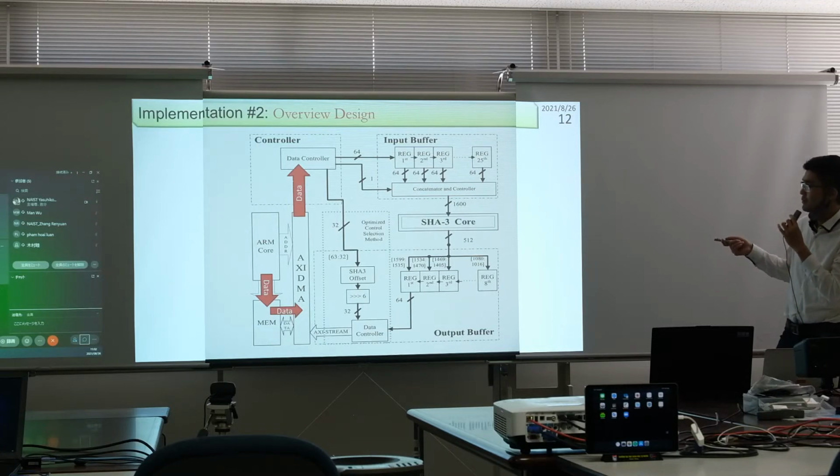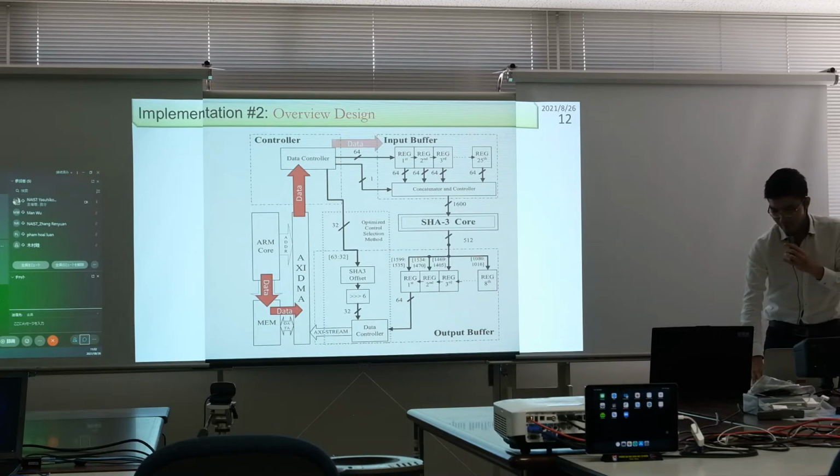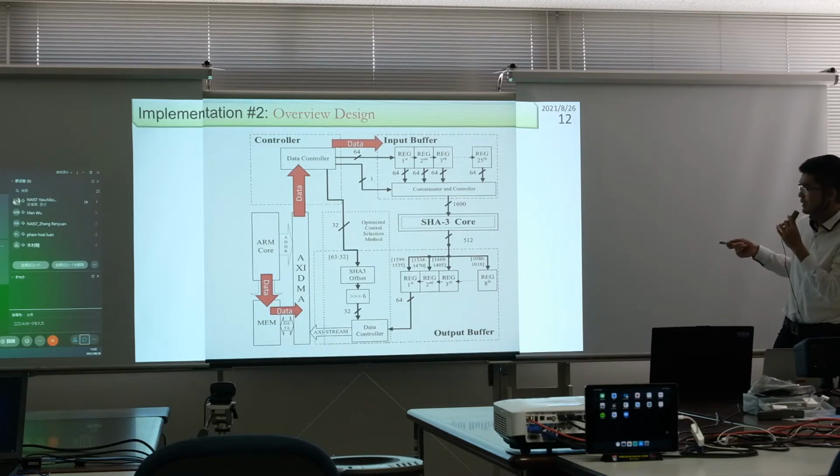And when the data gets into the controller, because the SHA-3 core needs 1,600 bits to work, we need an input buffer made of 64-bit registers to concatenate and stack it together into 1,600 bits.